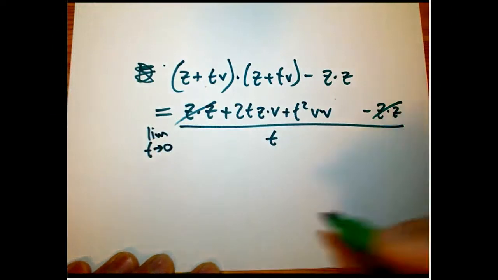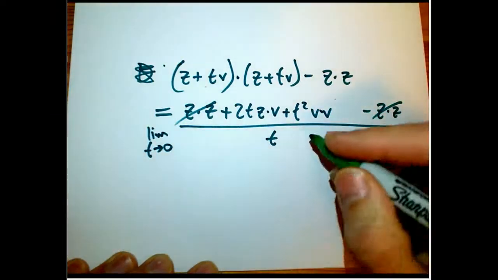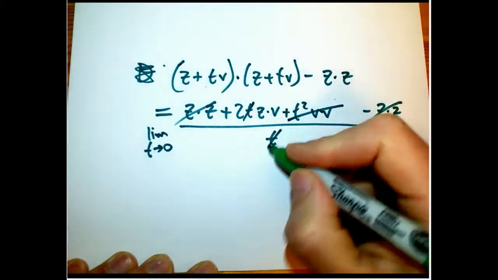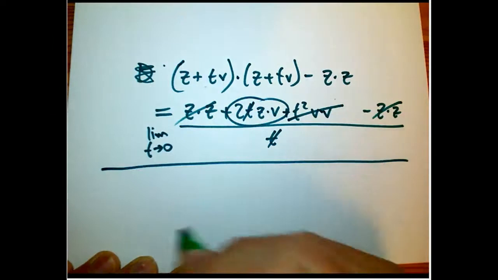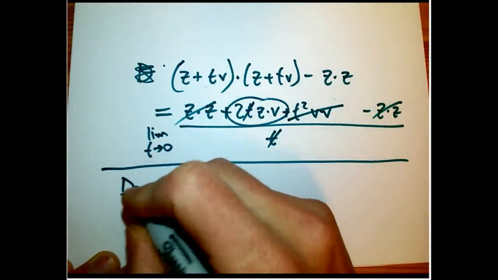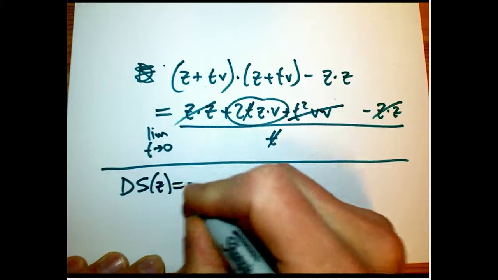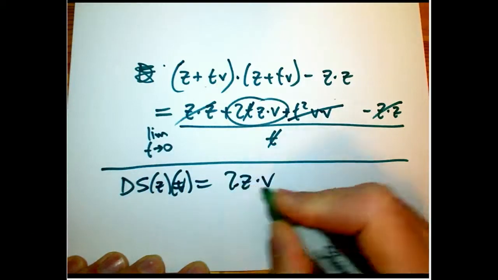So what I'm really calculating is the directional derivative. This last term goes away because it still has a t in it, and this one cancels, and you get 2z dot v. We can make that a little more official if you want, but the key thing is that ds at z applied to v is 2z dot v.